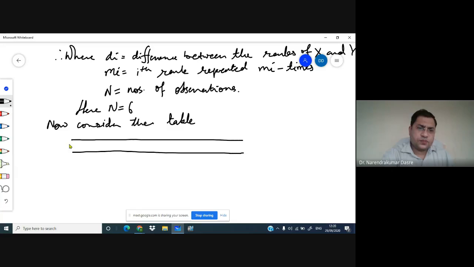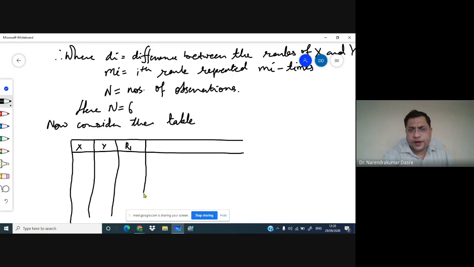We have X, we have Y, we have R1, the rank of X, and R2, the rank of Y, and di is equal to R1 minus R2, and then we want di square. And that's what we have here, the 6 observations.